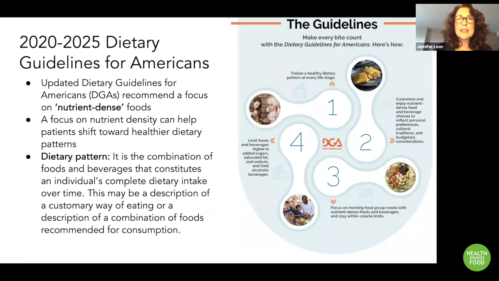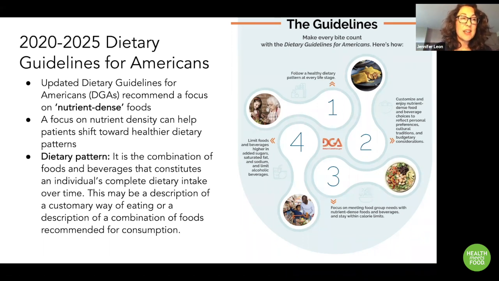So the updated dietary guidelines do recommend a focus on nutrient-dense foods. Some interesting components of the dietary guidelines are that they do recognize that the healthy eating index showed that nutrient-dense dietary patterns decrease over time. So one of the stated goals is to help patients consider meeting all of their calorie and nutrition needs with nutrient-dense foods throughout every stage of their life.